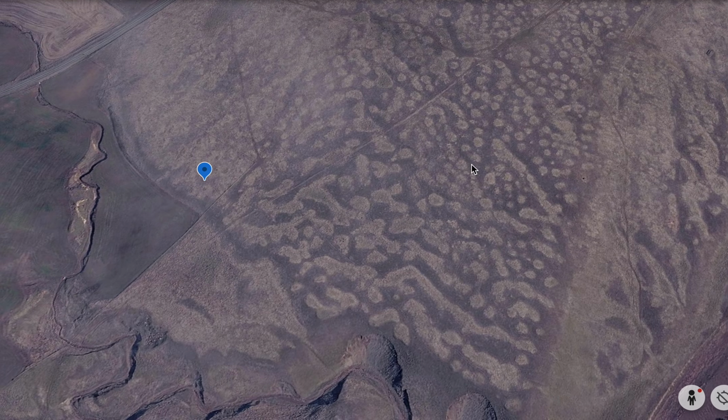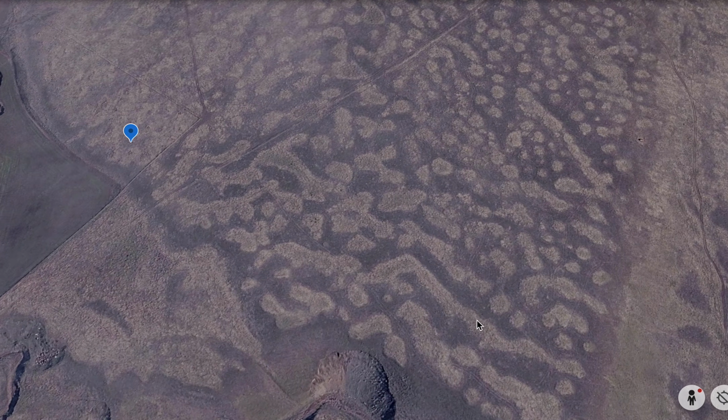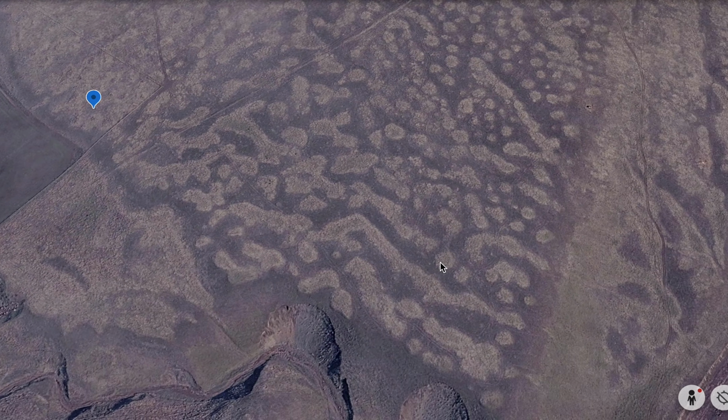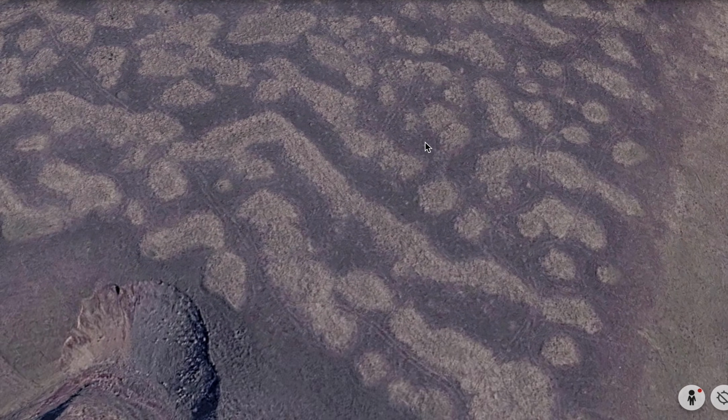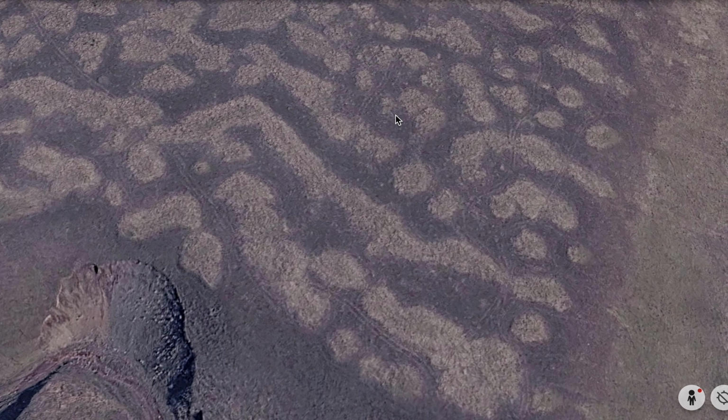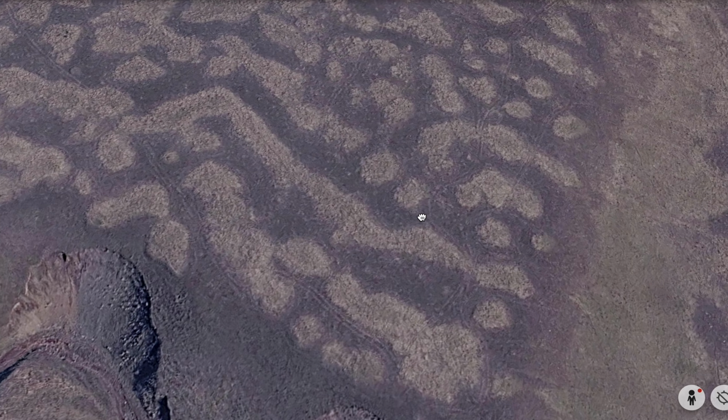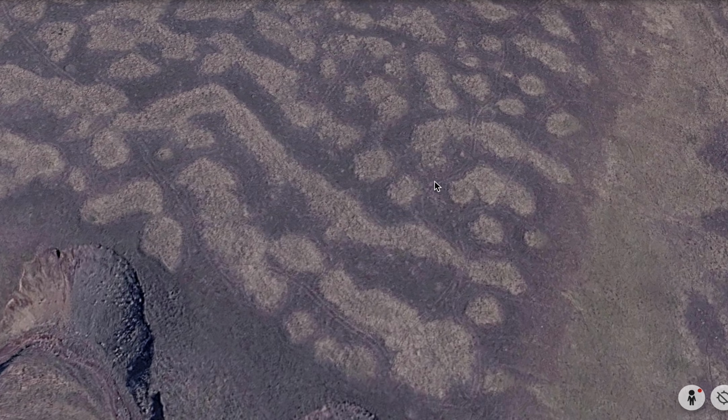So what happens is, if you've got ripples here, and water flow is cutting in between the ripples, that's how you get this mound. So it was a part of this ripple formation, and then water came through here, washed down through here, and the mound is basically just what's left.